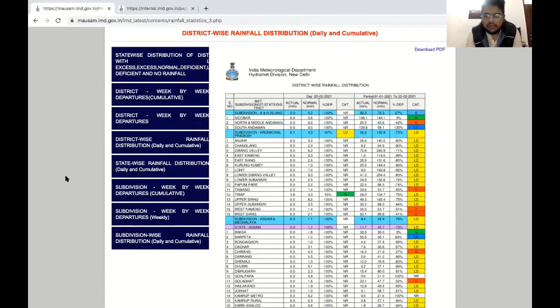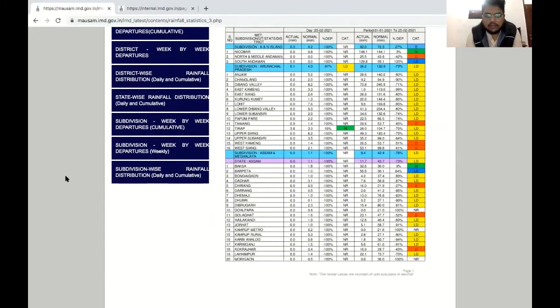If you say for Arunachal Pradesh, you can clearly see that a lot of the districts have had no rainfall between 1st of January and 25th of February, which means that a lot of the farmers would be having issues if they are going to sow the crop, or if they have already sown the crop and need water for certain agricultural activities, because Arunachal Pradesh and in fact the entire northeast is heavily dependent upon rainfall, as there are no other natural sources of water for them.